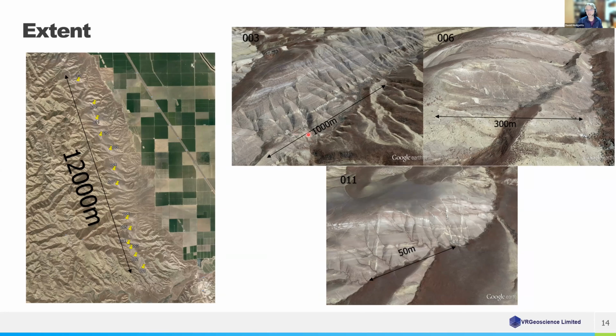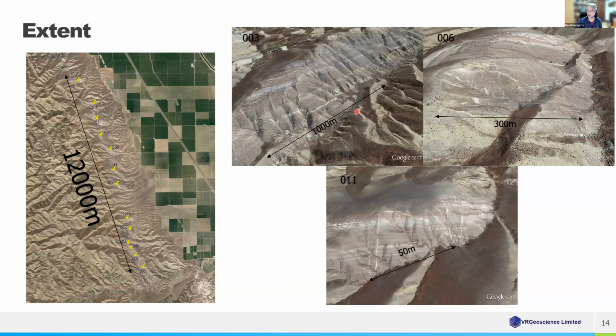The pictures that you can see here, the first on the left-hand side shows the extent of the outcrop, and the pins are the main study areas that we looked at in the field. But we've got 12 kilometers of exposure of these sandstone intrusions, and these images here are from Google Earth.